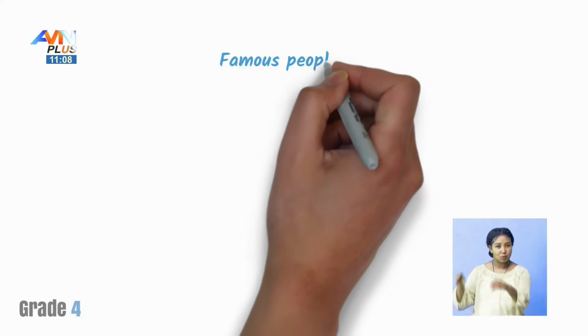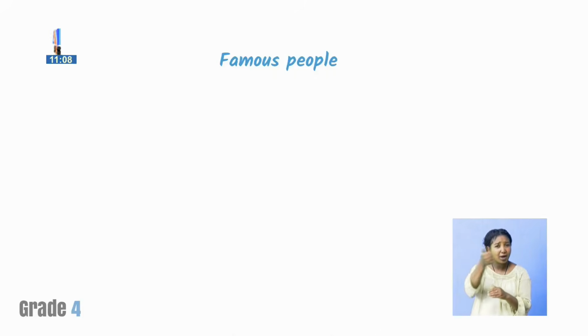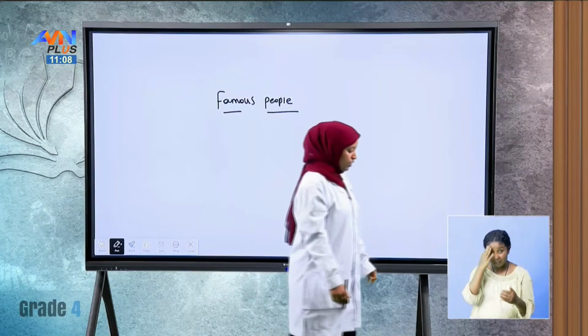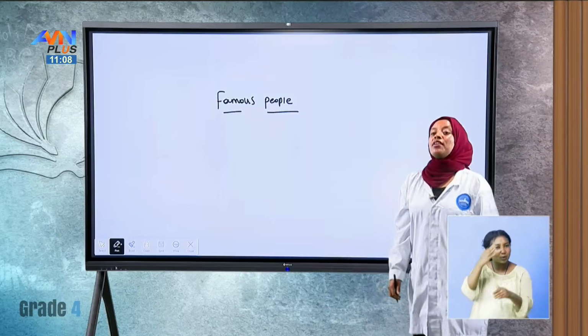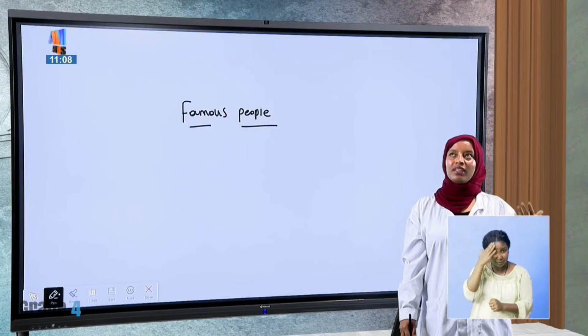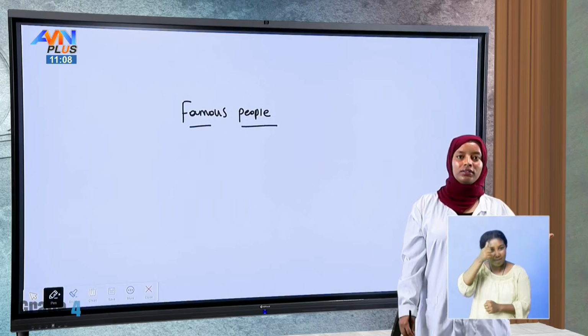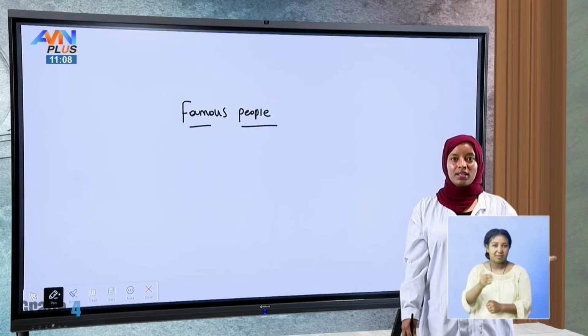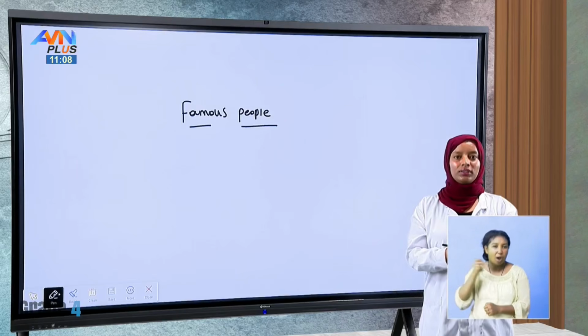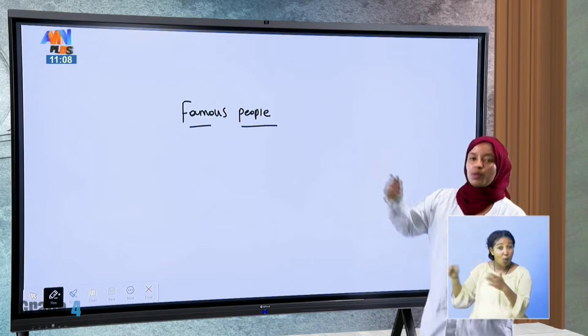Students, do you know any singer in Ethiopia? I hope you know that. And also, students, do you know Ethiopian famous runners or athletes? Like Abebe Bikila, Haile Gebrselassie, and also Derartu Tulu. Yes, these are all famous people in Ethiopia.